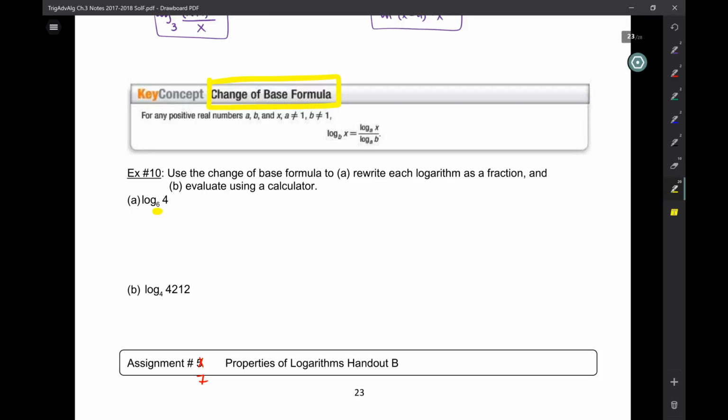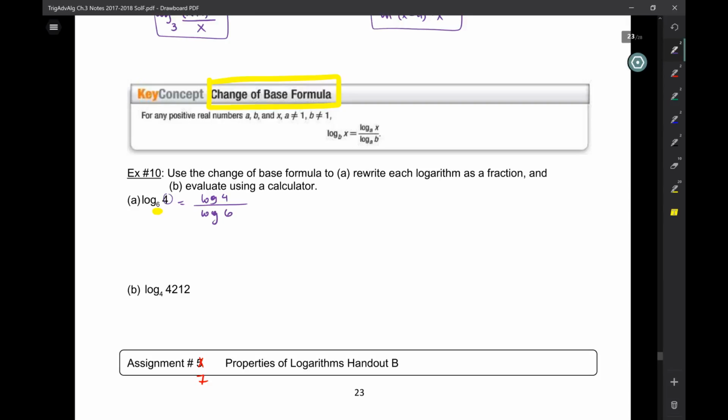The way you can change a base so that it's always base 10 is this. You have a fraction, log of the number on top over log of the number on the bottom. That's it.